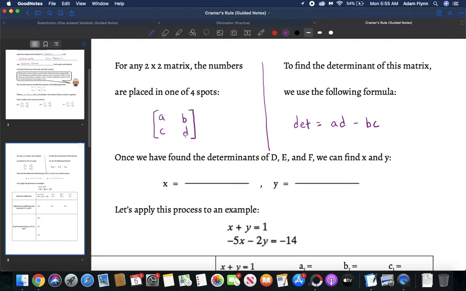So what is ad? That means I'm almost doing a cross multiplication, if you will. So I'm going to multiply a and d, and then I'm going to subtract b times c.